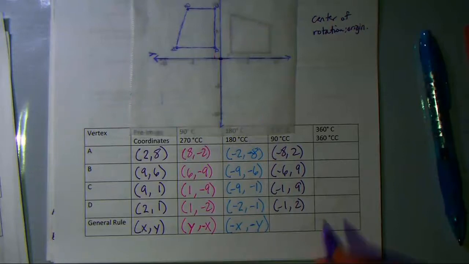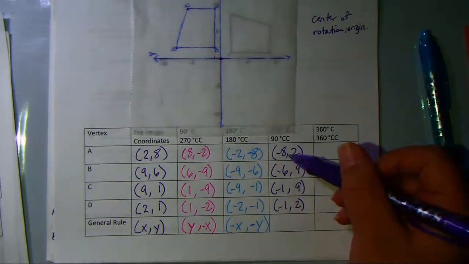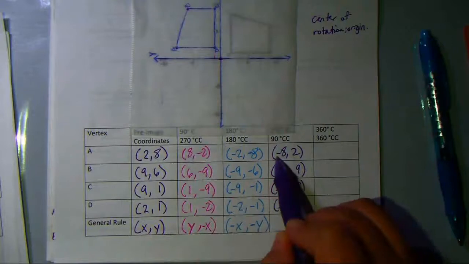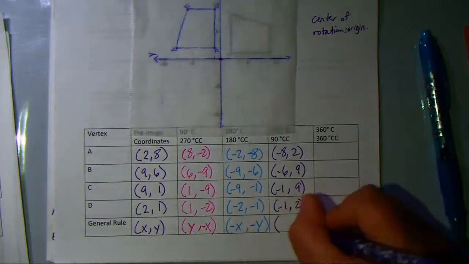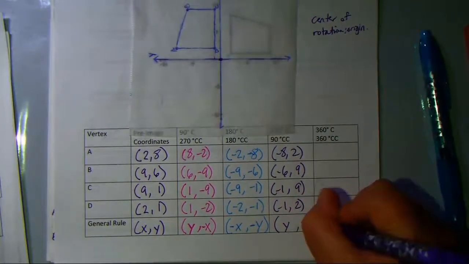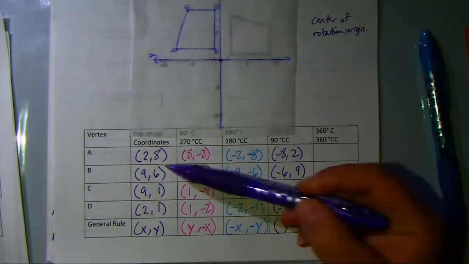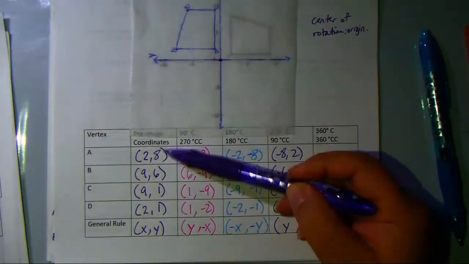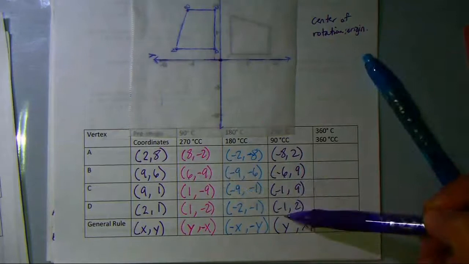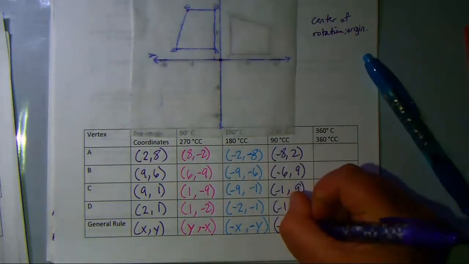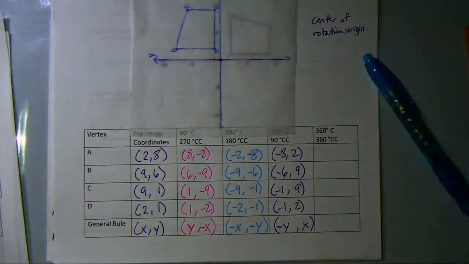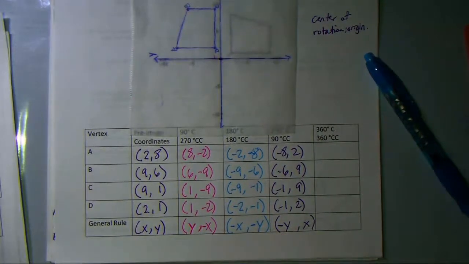Okay, so let's take a look here. It looks like 2, 8 went to -8, 2. So it looks like we had a switch in our coordinates. And then our Y that went to our X now changed its sign, so the new X coordinate should have a negative in front of it.